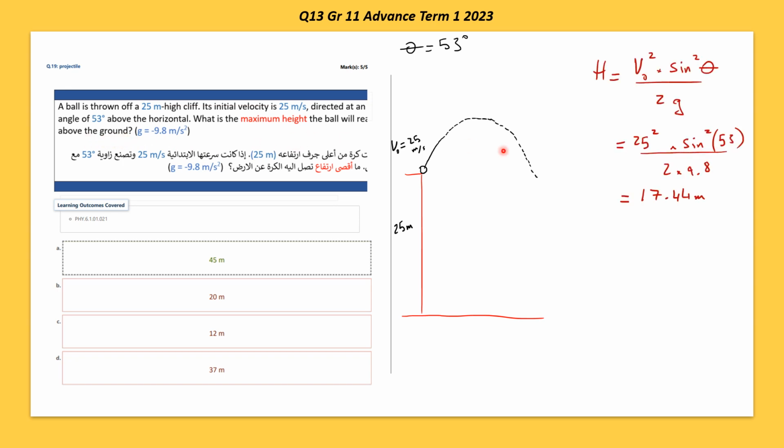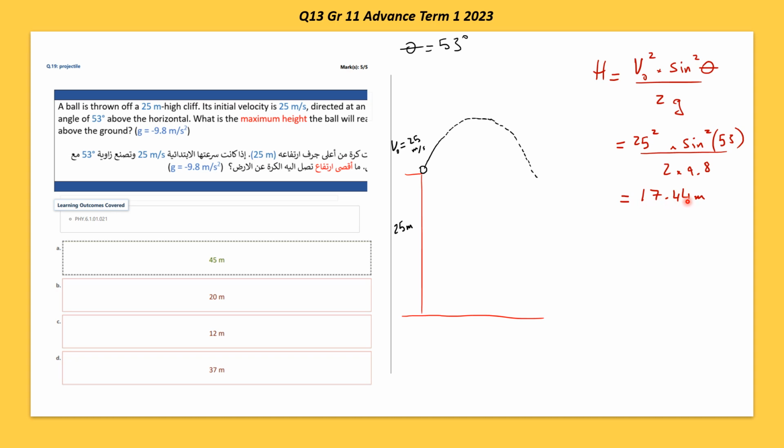So to calculate the height, you should know the equation: V0 squared multiplied by sine squared of the angle, over 2 multiplied by the gravity. You replace the numbers. You have the initial velocity, which is 25, sine of the angle, which is 53, divided by double the gravity. And the answer is 17.44.